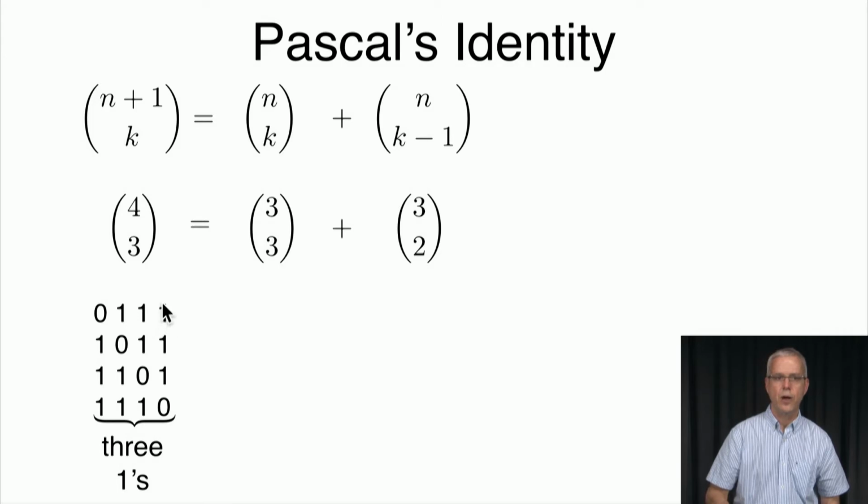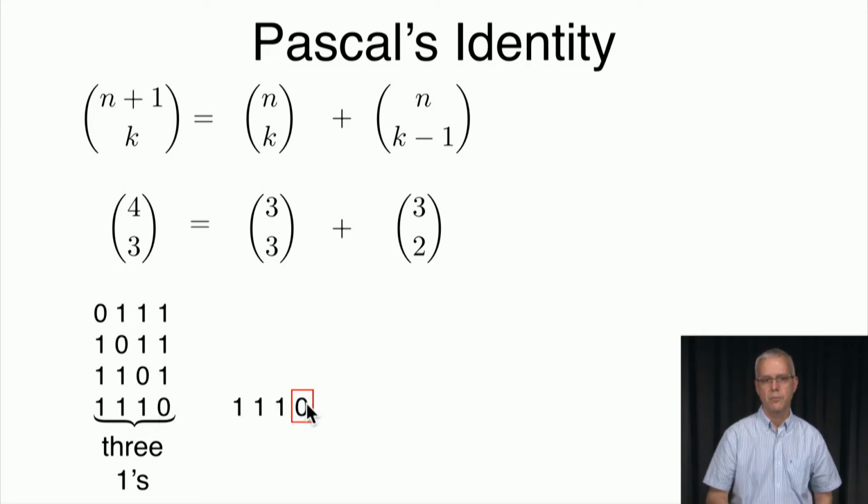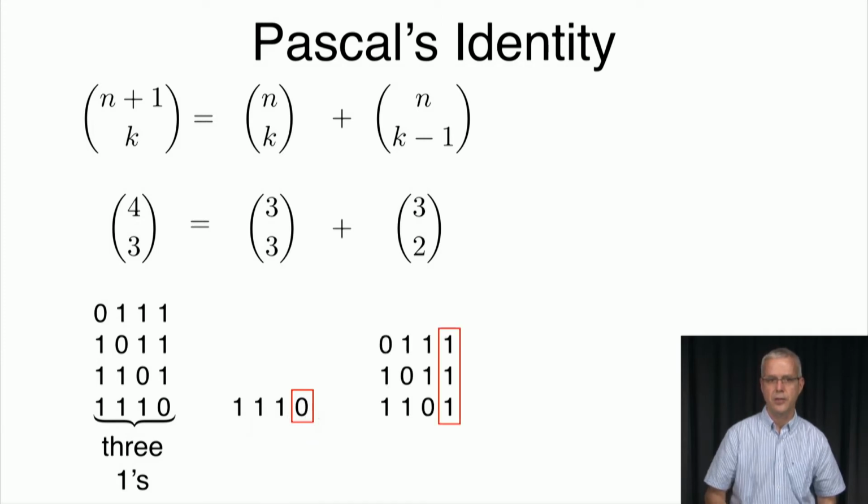One where the last bit is 1, and one where the last bit is 0. So we can write it as the collection of all binary sequences of length 4 with 3 ones where the last bit is 0, and the collection of all binary sequences of length 4 with 3 ones where the last bit is 1.